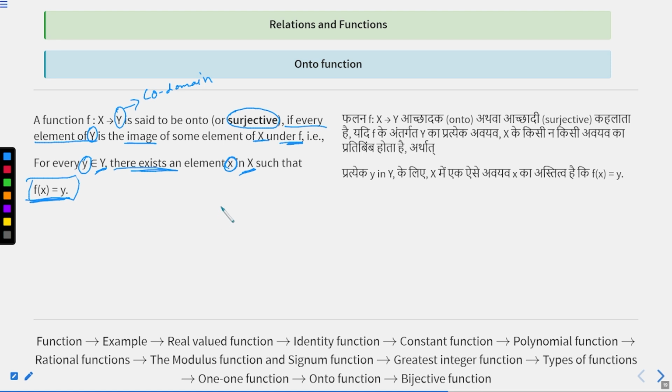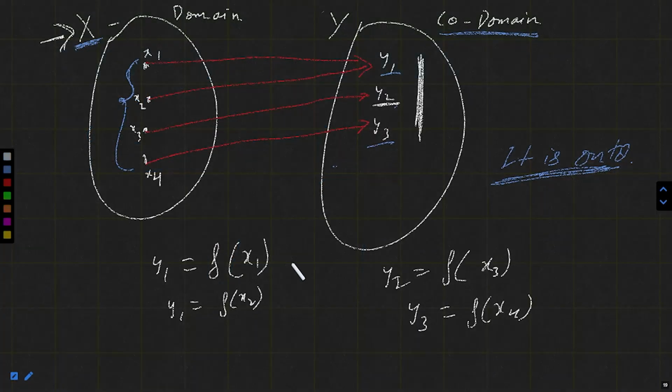So from this, if you recall, what is your range?